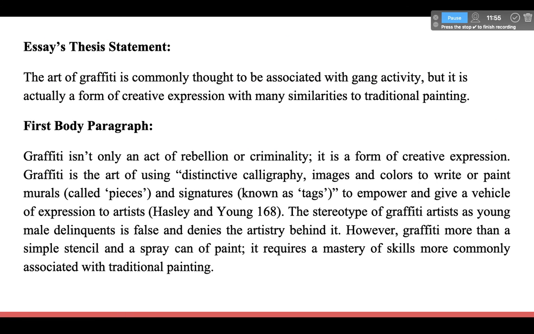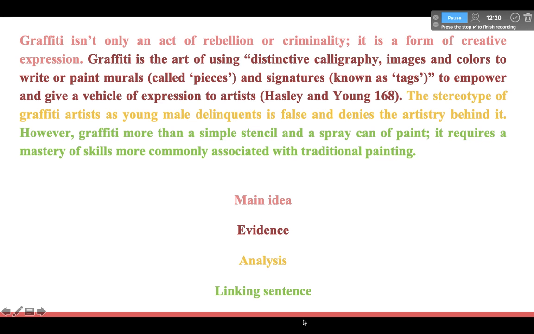If we look at our thesis statement, we'll see, okay, first we talk about graffiti as a form of creative expression, and then we're going to talk about it as being similar to traditional painting. And in the linking sentence, we see the phrase traditional painting. So this is how we know we're linking this paragraph to the thesis statement, but we're also going to link this body paragraph to the second body paragraph.